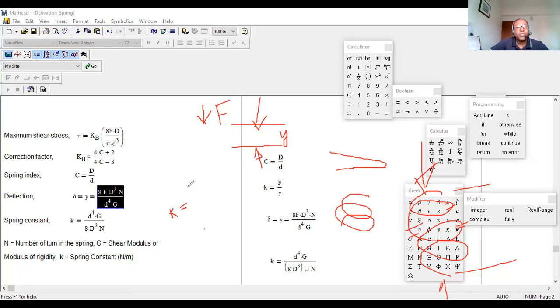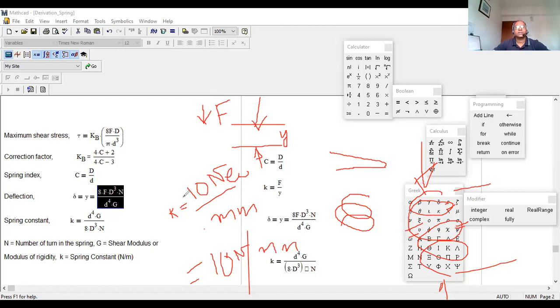So if you need 10 Newton of force for 1 millimeter deflection, that means your spring constant will be 10 Newton per millimeter.